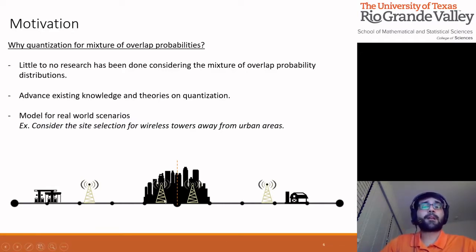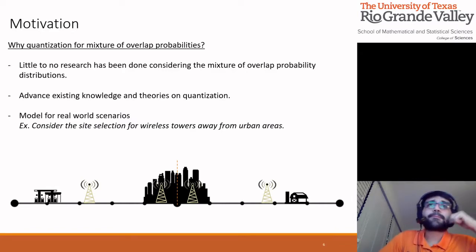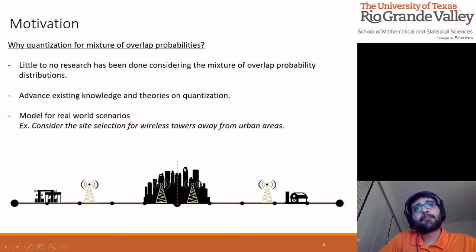When I was studying mixed probability distributions, I was thinking on what kind of applications this was useful for. And I was thinking on maybe this case where we want to consider the optimal location of placing wireless towers away from cities.